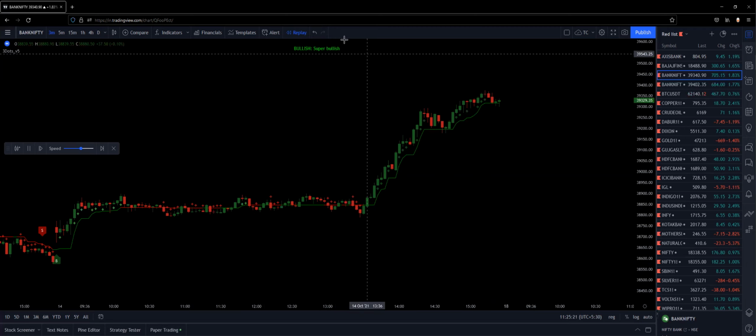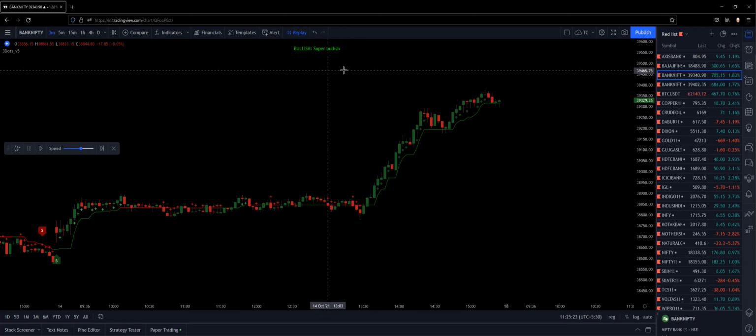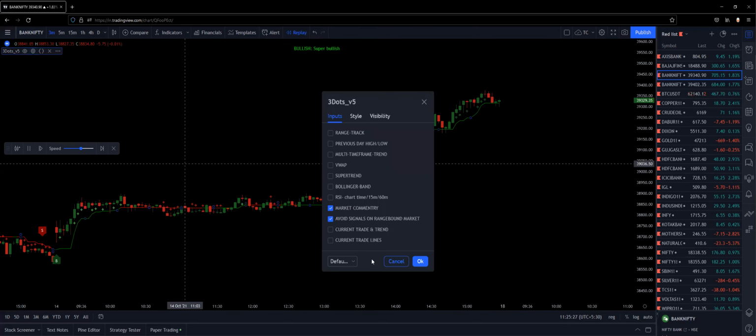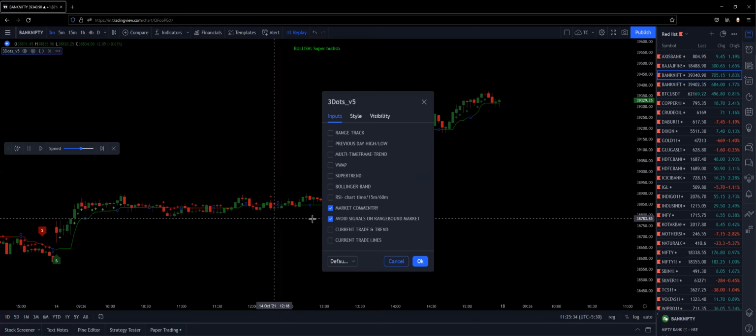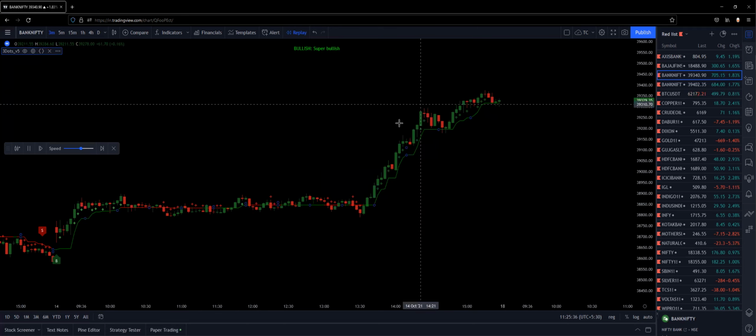I feel this would be a really great addition for your trading decisions, and avoiding signals in range bound markets is a very good thing. So you can avoid all these things, right?